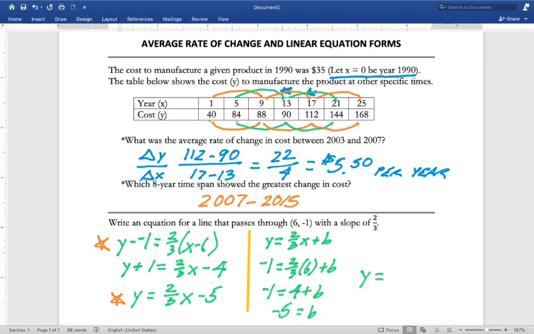Therefore, y equals 2/3 x minus 5. And you'll notice that is the same as we have over here. And it should be. So that's a look at average rate of change. Remember, that's a slope. And as far as formatting linear equations, generally we're going to do slope-intercept form, but point-slope form is A-OK as well.